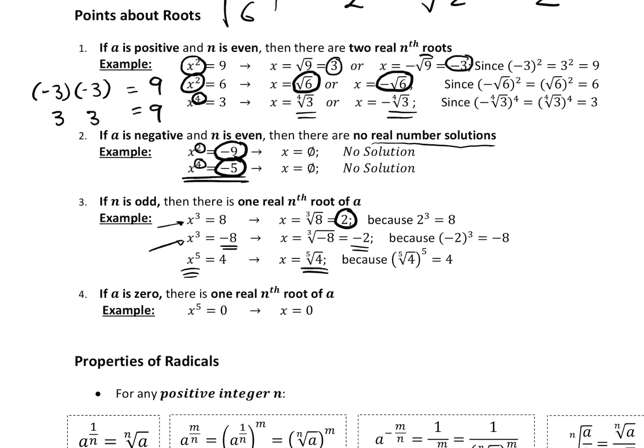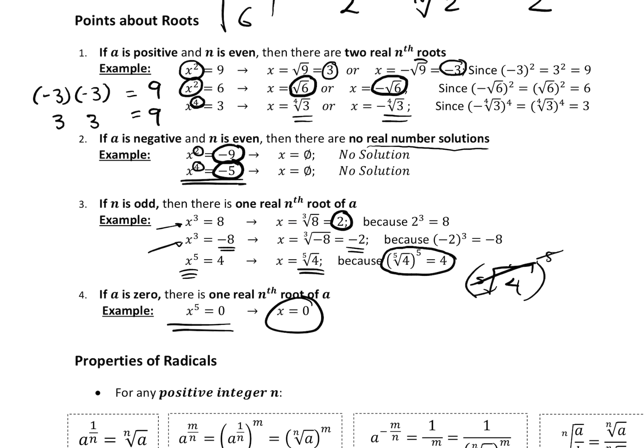This is what I meant by the zippering, right? If you take the fifth root of 4 and you put it to the power of 5, that cancels, and you're just left with the base. The roots unzip the powering. And if you have any power that is equal to 0, well, the answer is just 0.